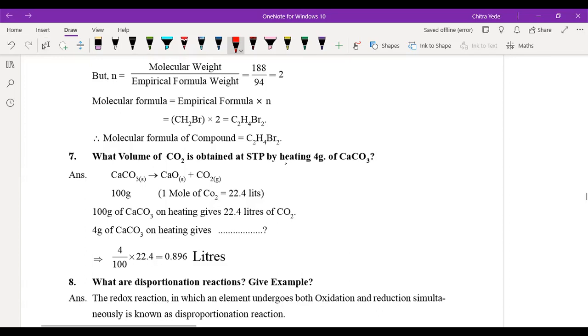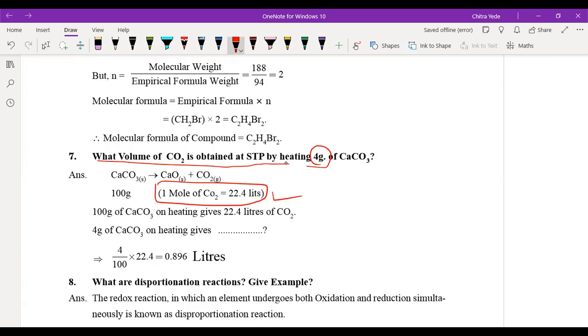We know that all gases, 1 mole of any gas at standard temperature and pressure, acquire a volume of 22.4 liters. So see here, the question says: what volume of carbon dioxide is obtained at STP by heating 4 gram of CaCO3?